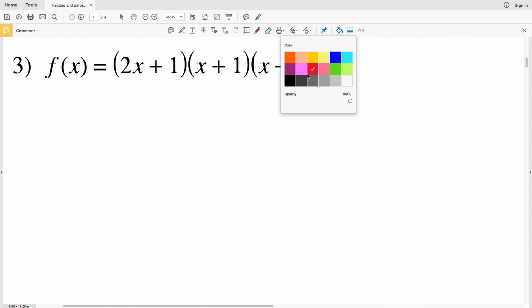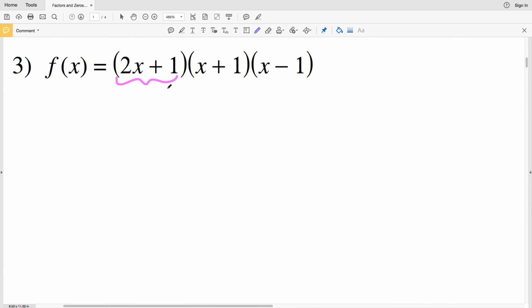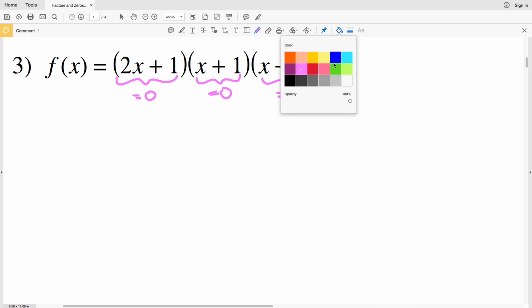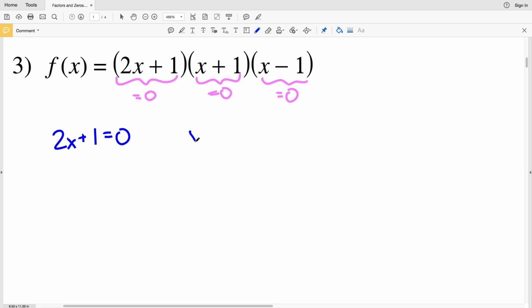And number 3, I'm going to be seeing when 2x plus 1 equals 0, when x plus 1 equals 0, and I'll be solving for when x minus 1 equals 0. So writing each of those 3 equations, I'll start by solving that first equation, seeing when that first binomial equals 0. So I'll subtract 1 from both sides to get that 2x equals negative 1.